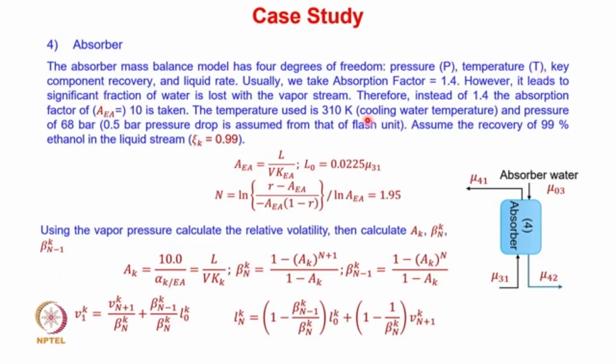The component recovery will be the ethyl alcohol recovery, and we also have to specify either the liquid rate or the absorption factor. We can calculate the liquid rate using the absorption factor.